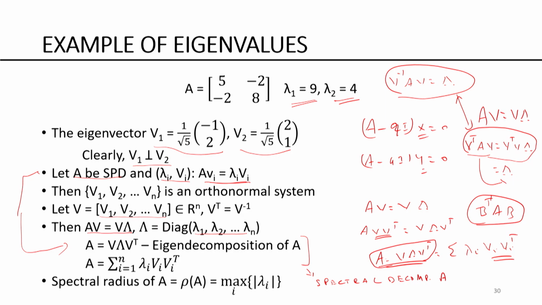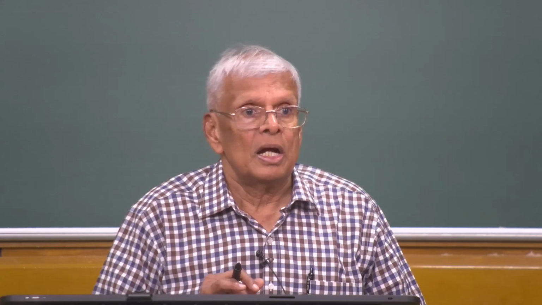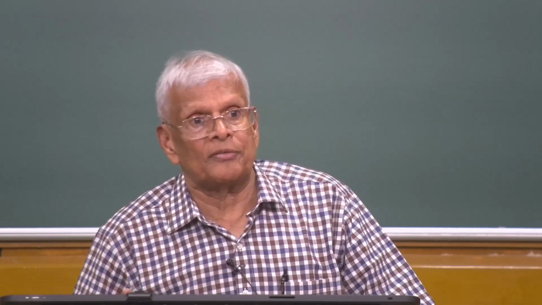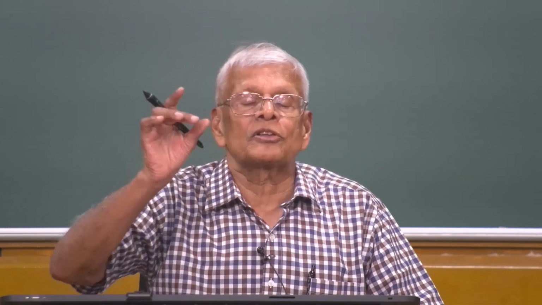So what does this tell you? Every matrix can be expressed in a canonical form, the simplest possible form. The simplest possible form is a diagonal form. So using eigen decomposition, I can transform a matrix to a diagonal matrix, where the diagonal matrix consists of only the eigenvalues along the diagonal.